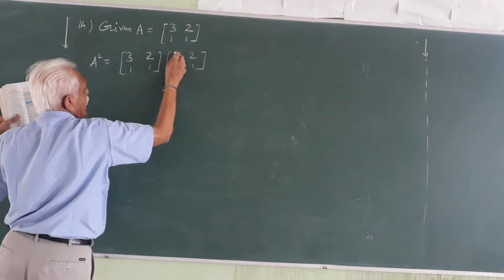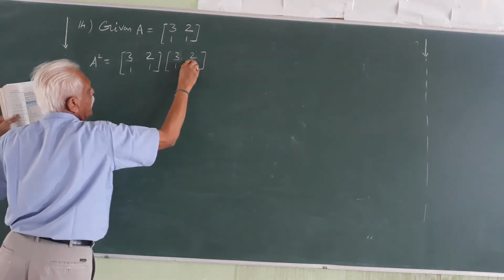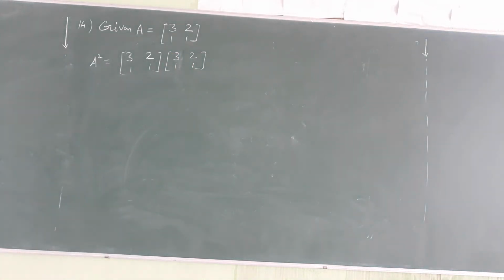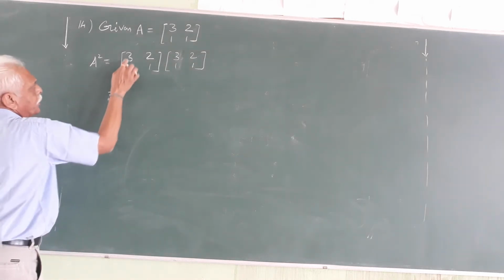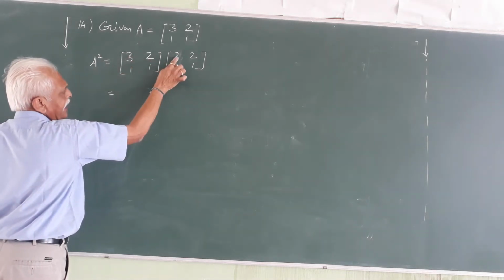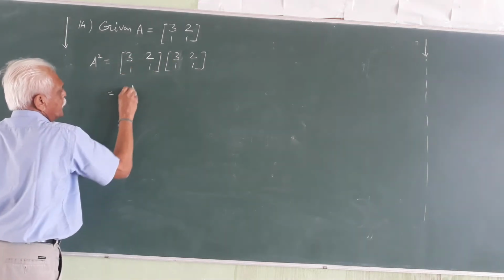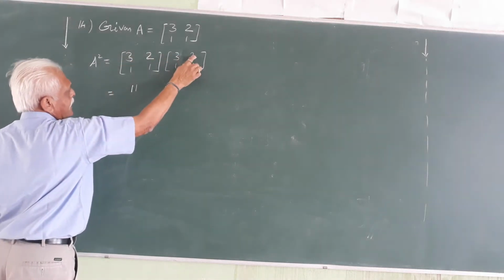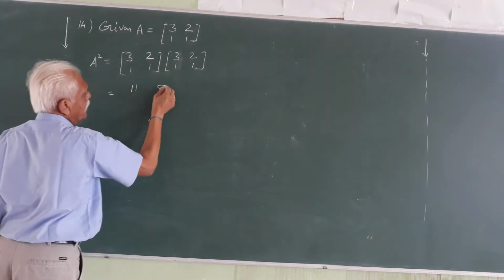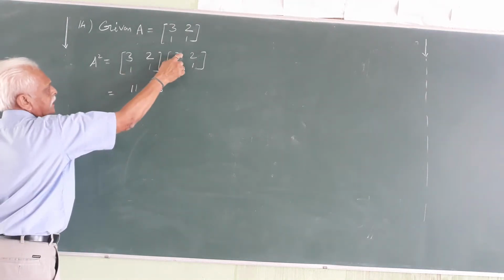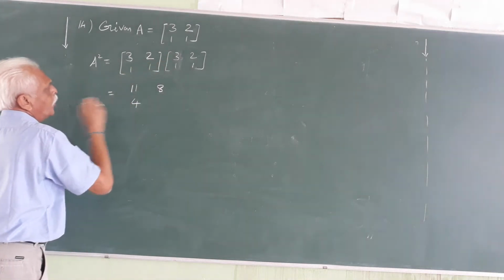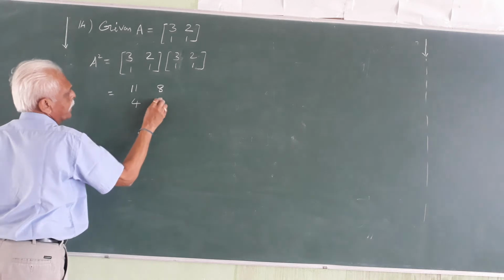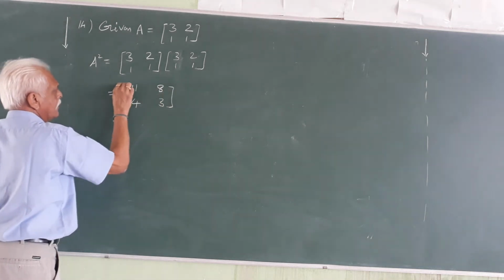I've been telling, A square is not squaring the elements of A. You have to write that as A into A. So this is equal to 3 3s are 9 plus 2, 11. 3 2s are 6 plus 2, 8. 3 plus 1, 4. 2 plus 1, 3.